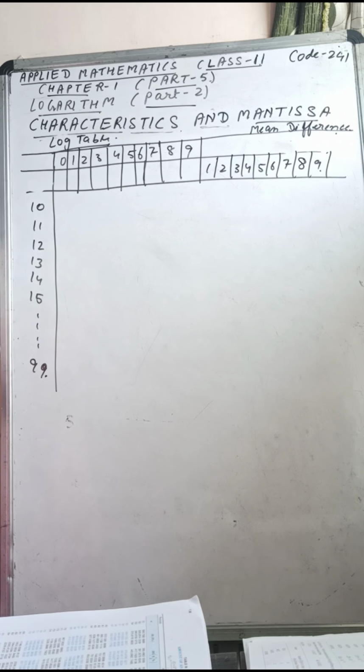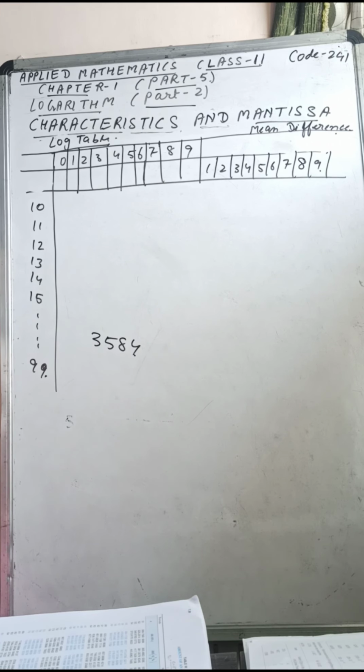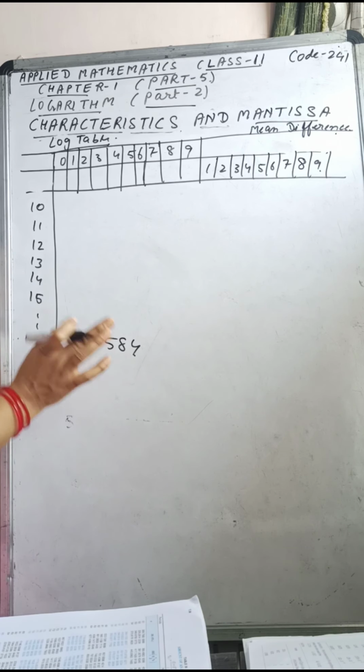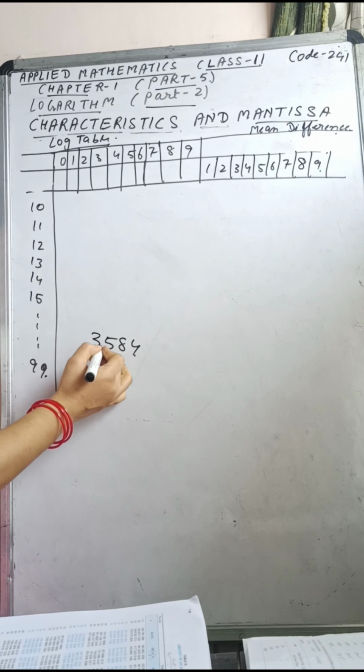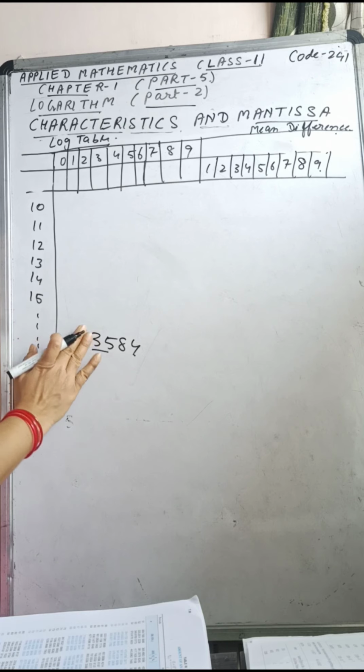Now suppose we have to find the value for 3584. We are calculating only the mantissa part. So we will see under 35.